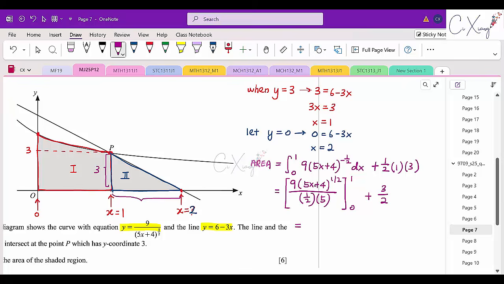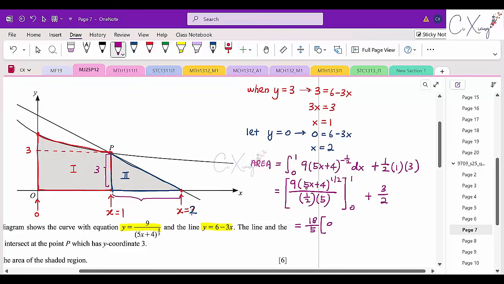Okay, before I substitute my limit into my integration expression, I prefer to simplify first. If I simplify the term, I will have 18 over 5. Now only do I substitute in the value of 1. If I substitute the value of 1, what do I get? 5 plus 4 is 9.